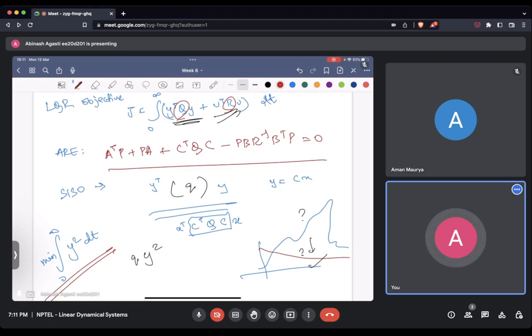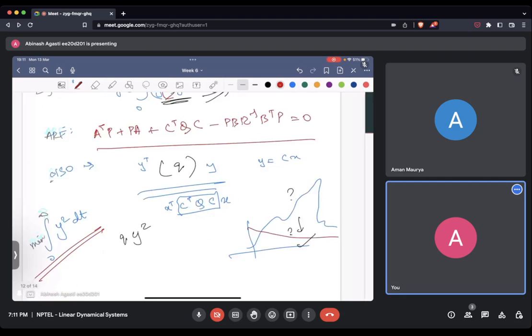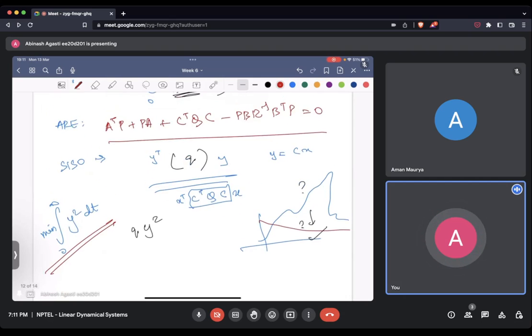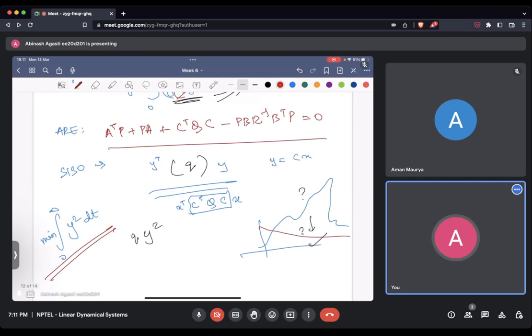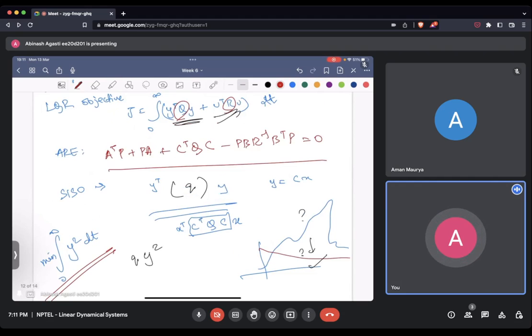That would mean the amplitude of the input increasing would be much more detrimental to my cost than the amplitude of output increasing. So by settling a trade-off between Q and R, I can effectively decide what exactly is my objective here.